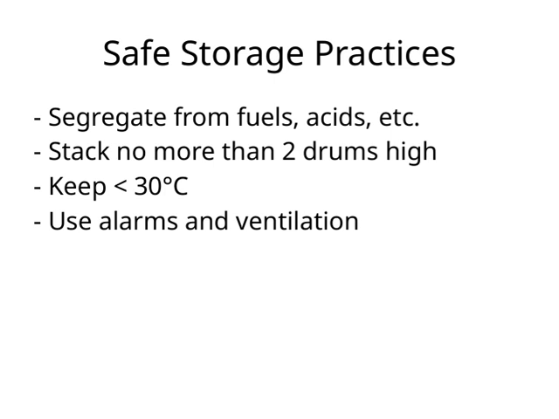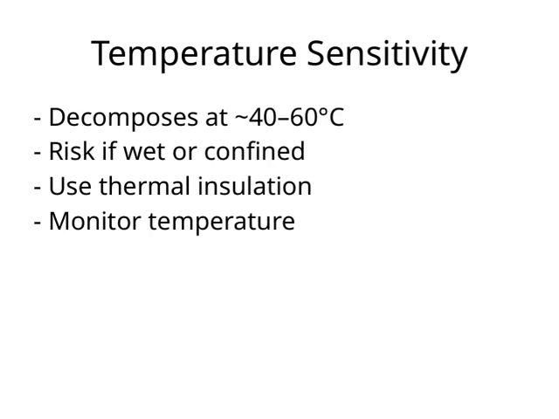Keep storage areas below 30 degrees Celsius to prevent the materials from degrading or becoming more volatile, which could lead to dangerous situations. Finally, always use alarms and proper ventilation systems. Alarms can alert you to any leaks or issues early on, and good ventilation helps disperse fumes, keeping the environment safer for everyone. By following these practices, we're making sure that hazardous materials are stored responsibly, minimizing risks, and maintaining a safer workplace overall. Now, let's talk about the temperature sensitivity of this material.